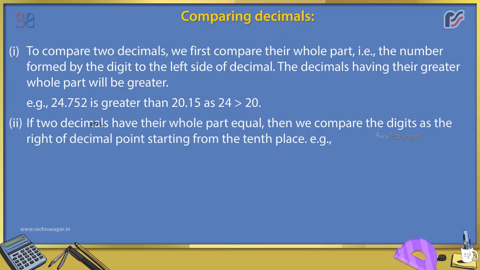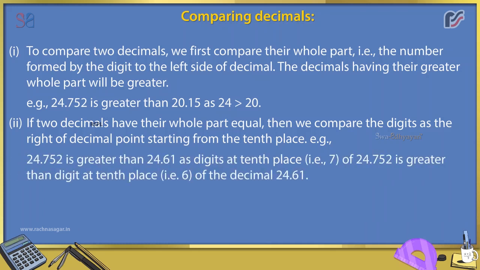2. If two decimals have their whole part equal, then we compare the digits at the right of decimal point starting from the 10th place. Example: 24.752 is greater than 24.61, as digit at 10th place, that is 7, of 24.752 is greater than digit at 10th place, that is 6, of the decimal 24.61.